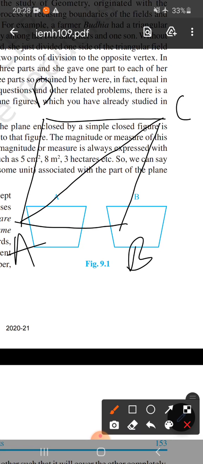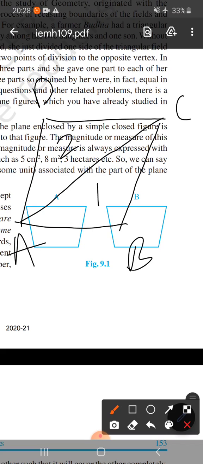So this diagonal AC will divide this parallelogram ABCD into two congruent triangles, that is triangle ABC and triangle CDA. We are not talking about by which congruency these two triangles will be congruent. Just we are saying that these two triangles, triangle 1 and triangle 2, will be congruent.